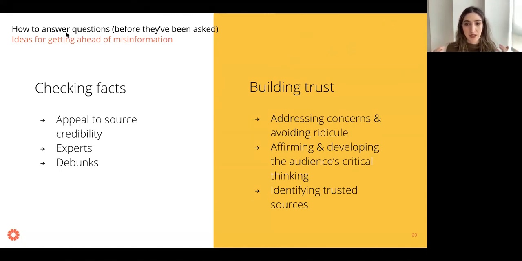And there are a lot of different ways that you can do that using these methods of prebunking and some of the things we talked about in the last sessions about effective reporting as well. So: addressing concerns and avoiding ridicule, right? Understanding what questions people are asking, understanding the root concerns of these issues, right? Affirming and developing the audience's critical thinking, and identifying the trusted sources of an audience. So not necessarily the expert or the elite sources, but trying to identify who it is that your audience does trust, right?